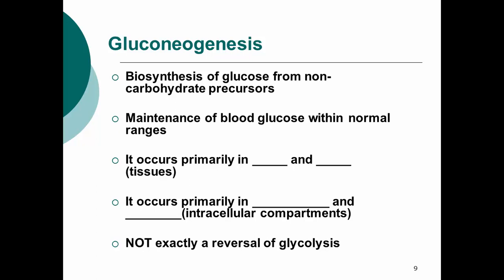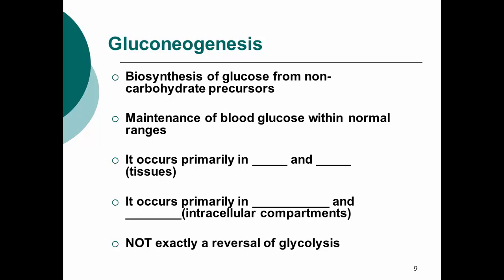Our body does gluconeogenesis to produce glucose from non-sugar precursors, and we try to maintain the blood glucose levels. So under which physiological conditions do you think gluconeogenesis will happen?